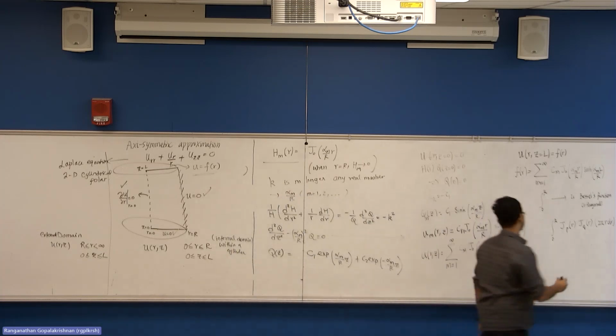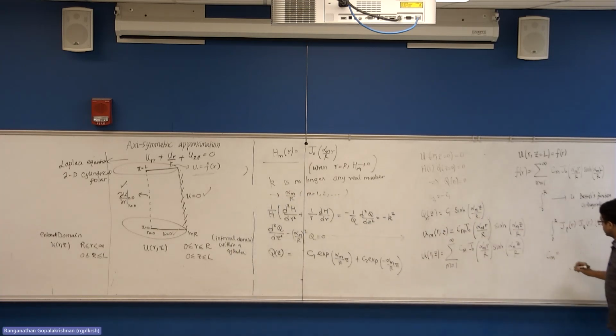What we are going to then write down is C_m, the coefficient, is the integral from 0 to R of J_0 of alpha_m r over R multiplied by f of r dr, divided by the integral from 0 to R of J_0 of alpha_m r over R squared r dr. There are identities involving Bessel functions which can be used to solve the integral in the denominator, given in the book.